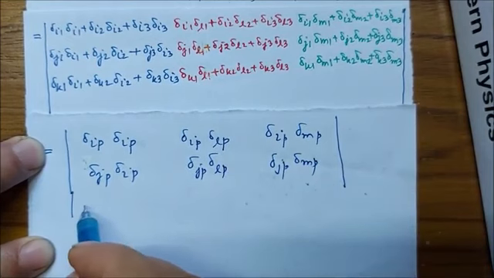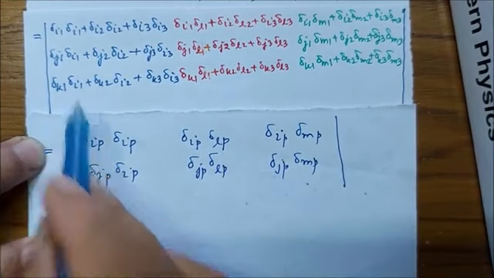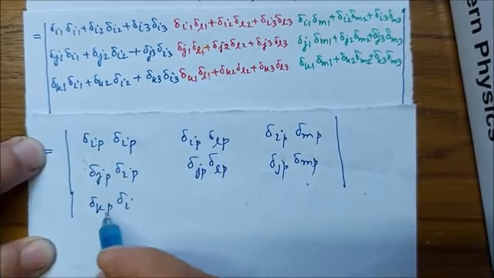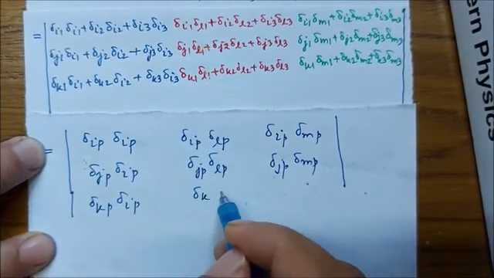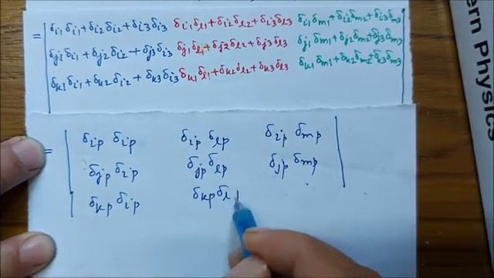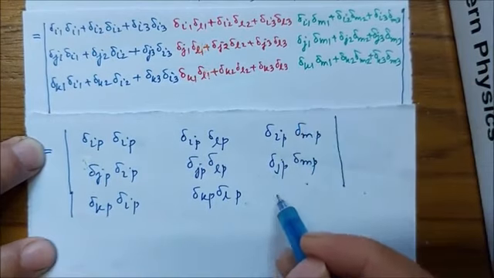And the third row begins with delta K, delta I, delta K, delta L, and finally delta K, delta M.